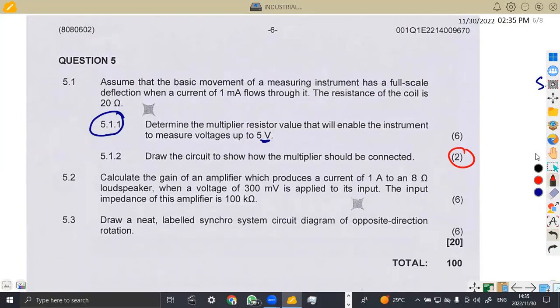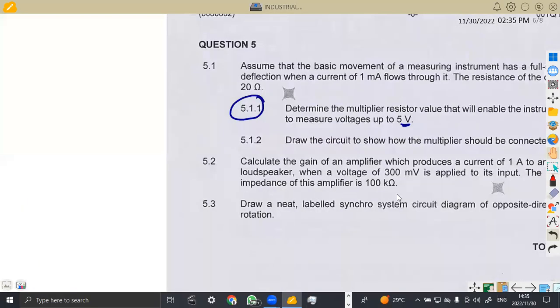So to avoid a lot of things, just draw a simple circuit of a multiplier, just like this here. This is 5.12. Remember, we have got a series resistor, and we have got our multiplier here. That is how our multiplier is connected.